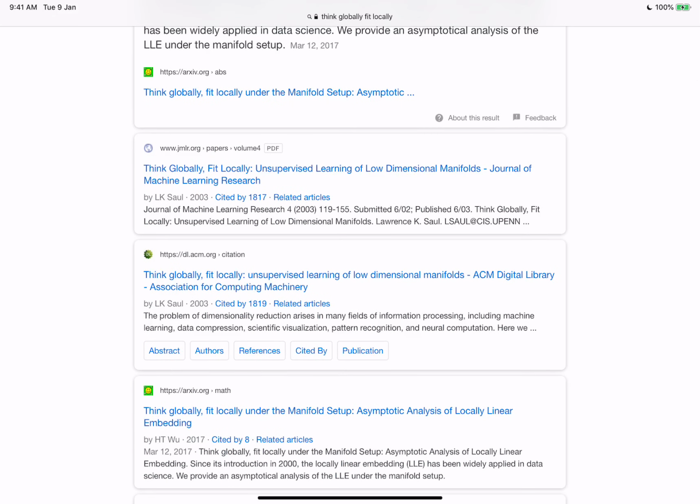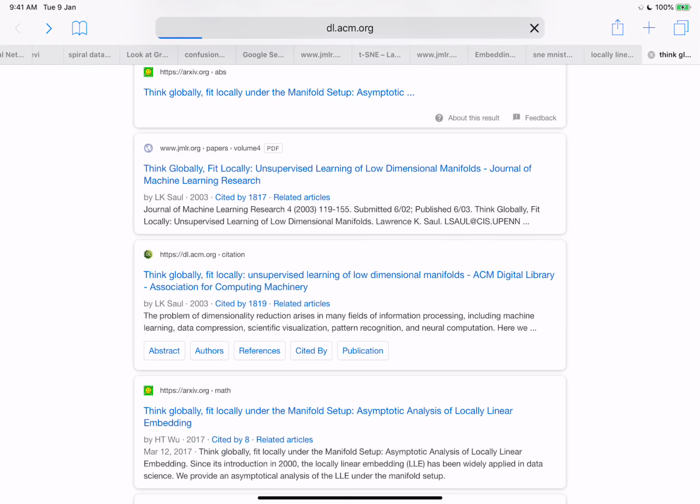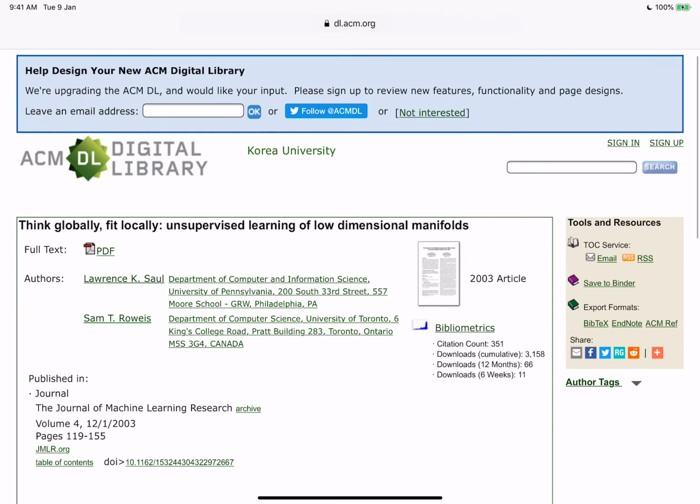Like this one. Yeah, "Think globally and fit locally." I think this one is the locally linear embedding, and it's the NIPS version, instead of the Science version.